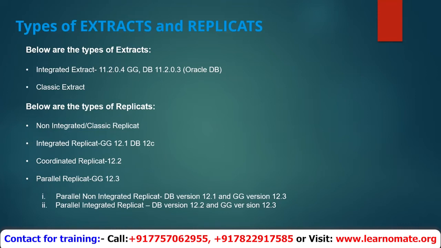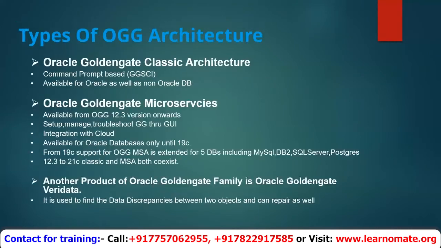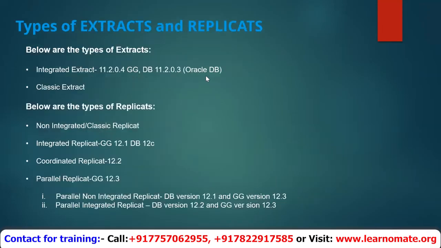The reason why people get confused is, what happened was, when GoldenGate was launched initially, there was only one architecture. So it was called Oracle GoldenGate. When microservices was launched, they renamed it to classic architecture. So classic means traditional one. Same way, when GoldenGate was launched, there was only one type of extract and one type of replicate, which was called GoldenGate extract and GoldenGate replicate. Now what happened was, GoldenGate evolved itself and they launched a new type of extract and different types of replicate.